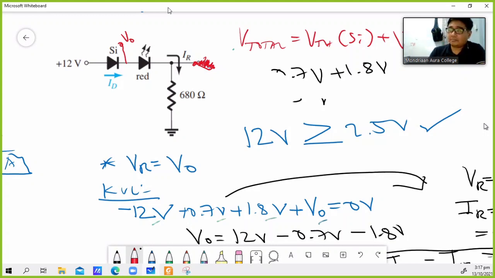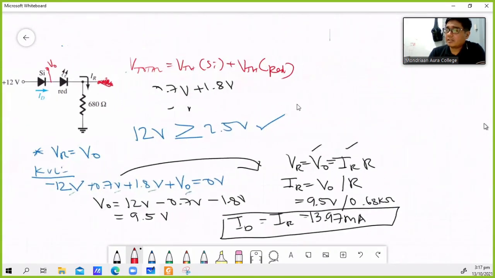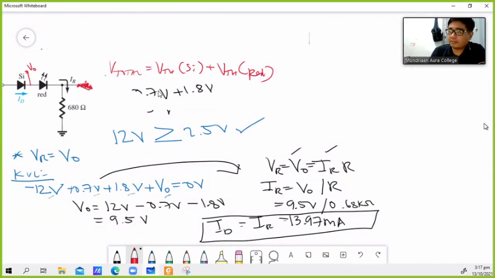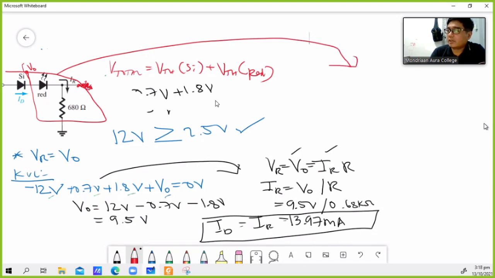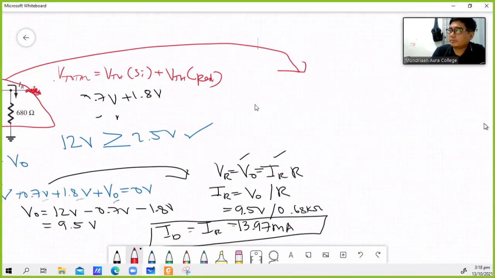So madali lang yan. We can separate or isolate that part. Itong part na yan, i-isolate natin. Ilagay natin dito sa part na to. So we have output voltage. And then we have the red LED. So this is the symbol of LED.